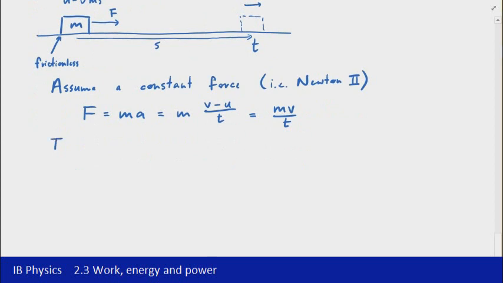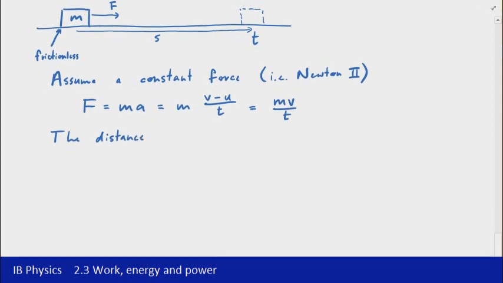If we look then at the distance, and hopefully you can see where this is going, we've dealt with the force, now we're looking at the distance. The distance at time t is given by the Suvat equation. So s is equal to ut plus half at squared. Again though, u is equal to 0, so that term will disappear, and we can again make that substitution for the acceleration of v minus u on t.